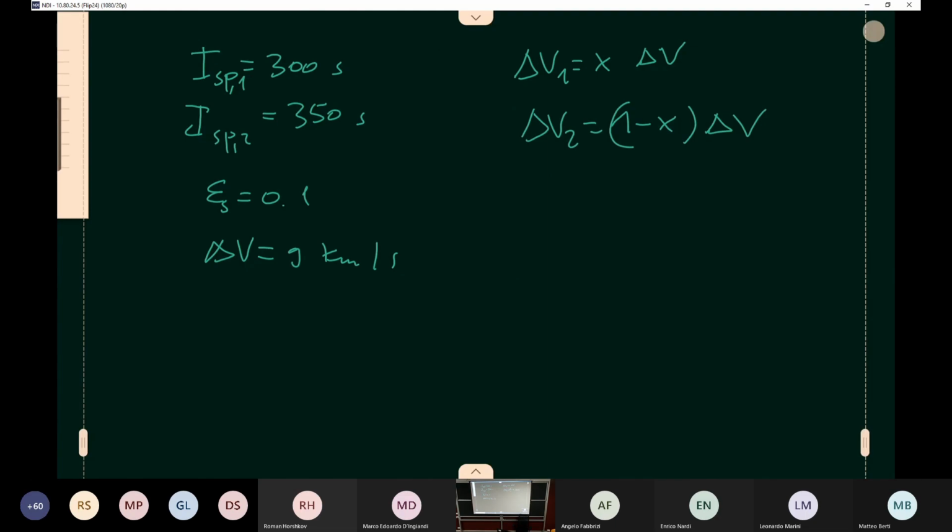So in this case, of course, lambda will be lambda 1 times lambda 2, and lambda 1 is e to the minus delta V1 over u_eq1, minus epsilon_s, over 1 minus epsilon_s, and similarly for the second stage.